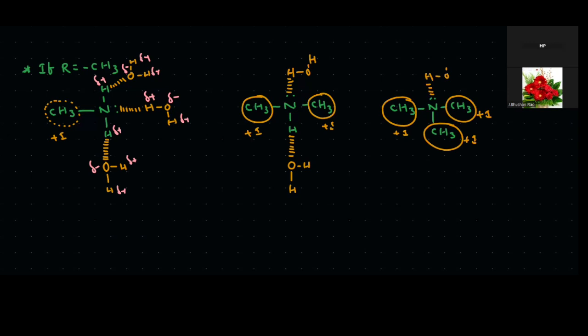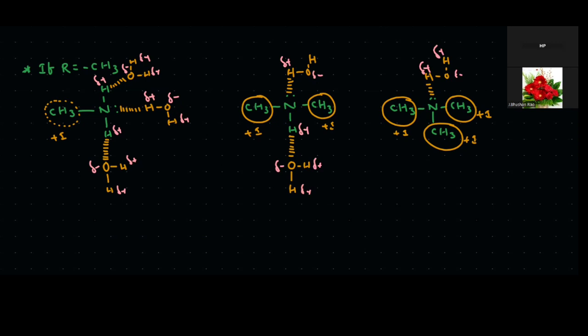In these three cases, this is partially positive, this is partially negative. Then what happens here in these three cases majorly?